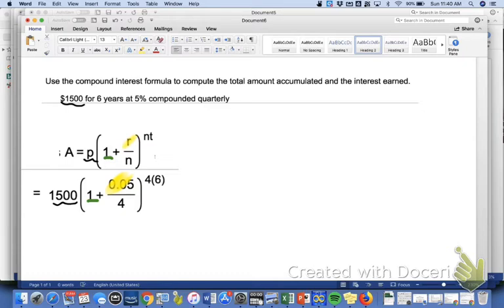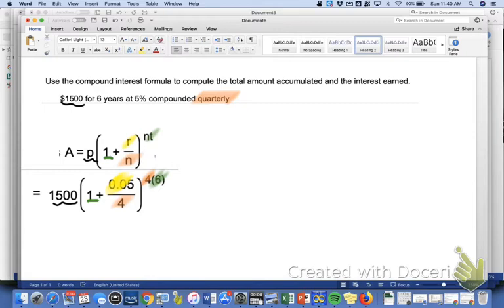The number of times it compounds, it tells you that it compounds quarterly. So that means 4 times a year. So that's why I substituted 4 in for N. And N is there again right there. And the number of years, of course, is 6. So that's why we substituted 6 in for the T.